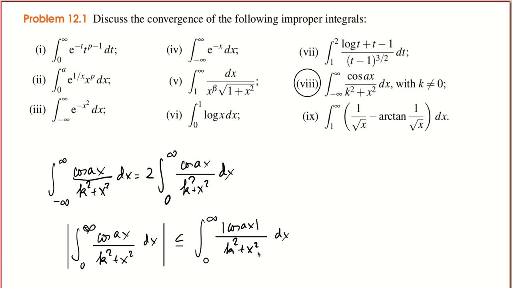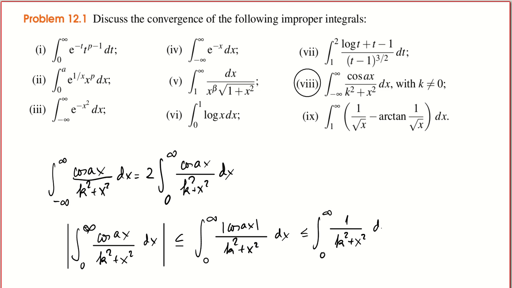Okay? But the denominator is of course positive, so there's no problem, right? So the only problem could be the numerator, and that's why we keep the absolute value there. And you know, of course, that the cosine is always smaller than or equal to 1 in absolute value, so you can get an upper bound for this integral here, right?